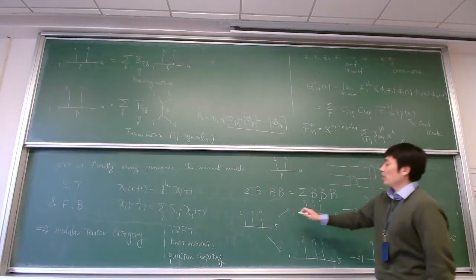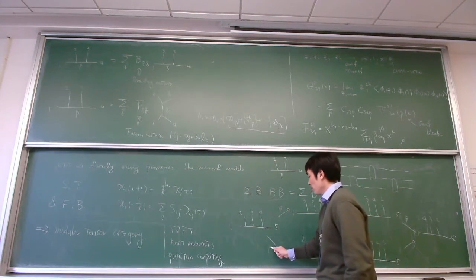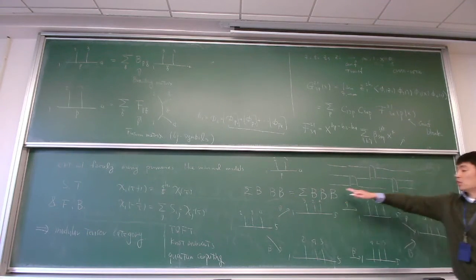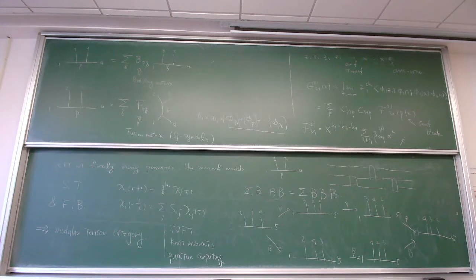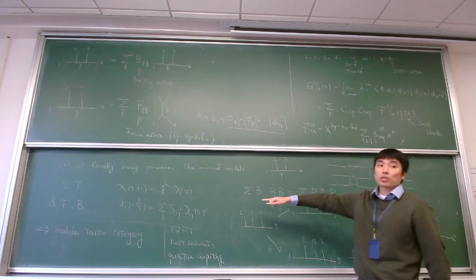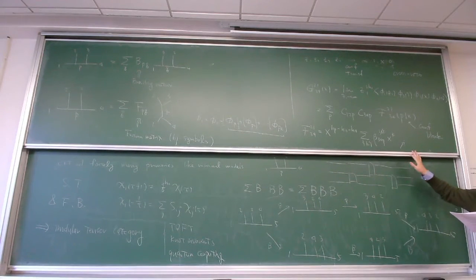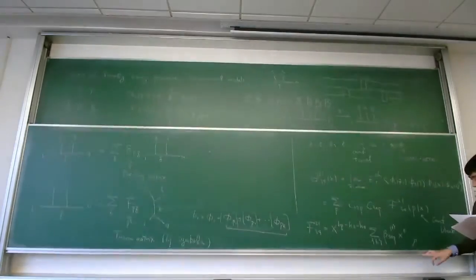So you have to use B here, and here, and here, and here. Essentially, the upper route is the same as the lower route. So therefore you get the Yang-Baxter equation. This braiding matrix should satisfy this Yang-Baxter equation. Sometimes it's called the hexagon equation. I forgot. Is it called hexagon? I already forgot.